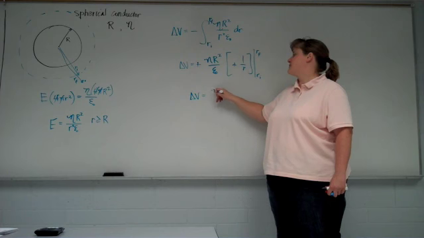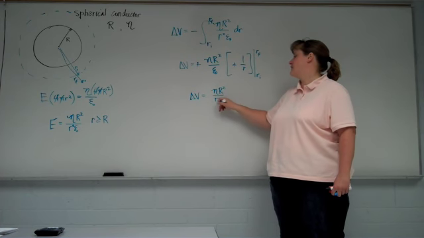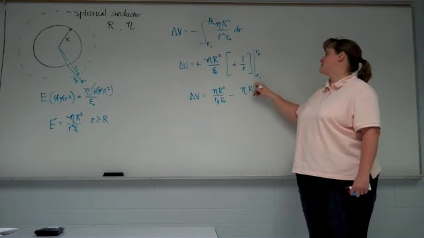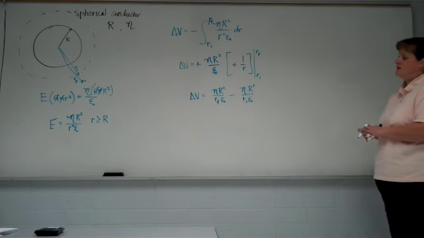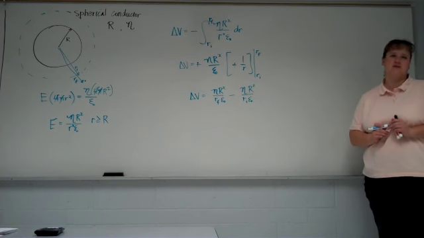Delta V ends up being eta big R squared over r final times epsilon naught minus eta big R squared over r initial times epsilon naught. It gives us the difference in potential between those 2 points.